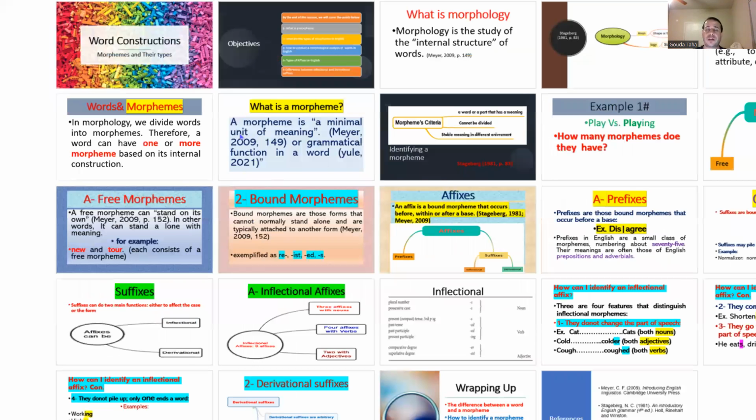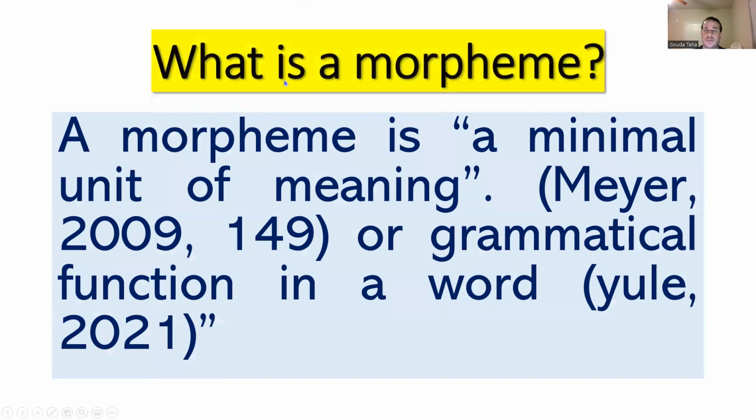So let's go to the part of what is a morpheme. There are many different definitions of the word morpheme, and here I'm going to use two of them. The first one, provided by Mayer 2009, defines a morpheme as the minimal unit of meaning. So it's a group of sounds together that can stand with meaning.